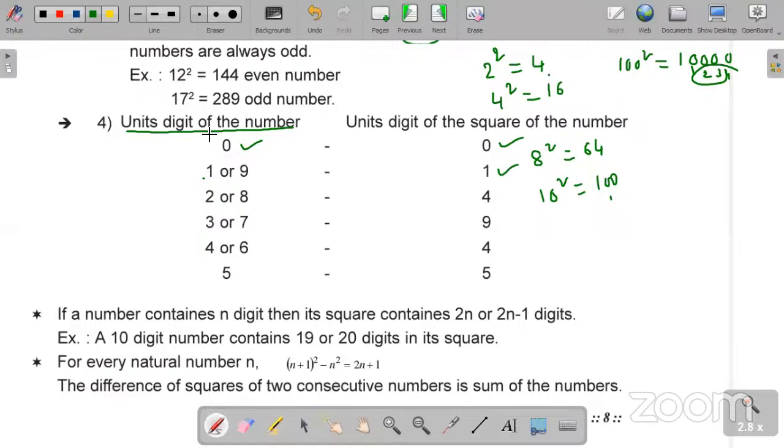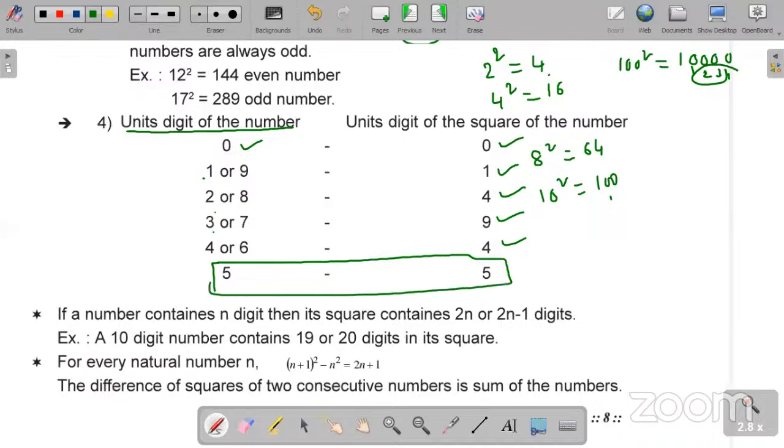If the unit digit is 2 or 8, you will get 4. If the unit digit is 3 or 7, the square ends with 9. If it is 4 or 6, the square ends with 6. 5 is always 5 only, very simple. Next, if a number contains n digits, then its square contains 2n or 2n minus 1 digits.